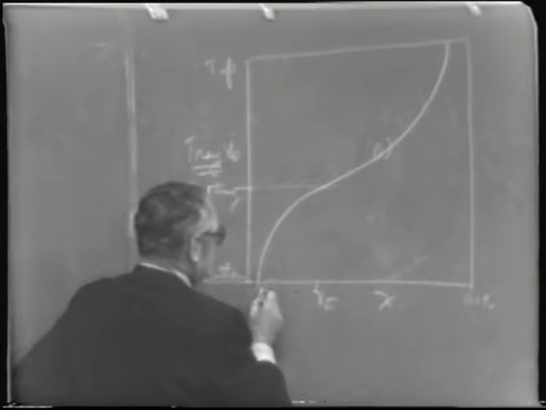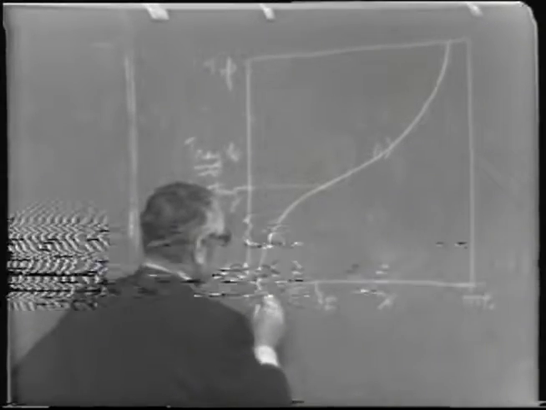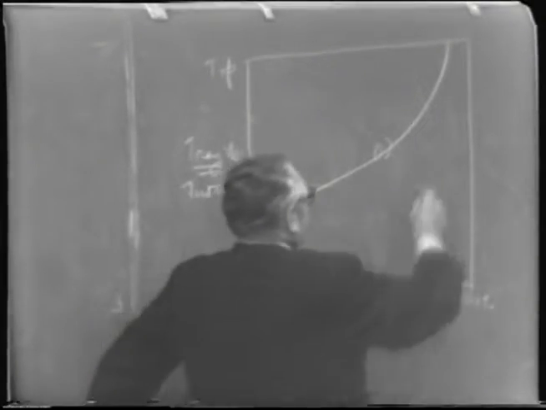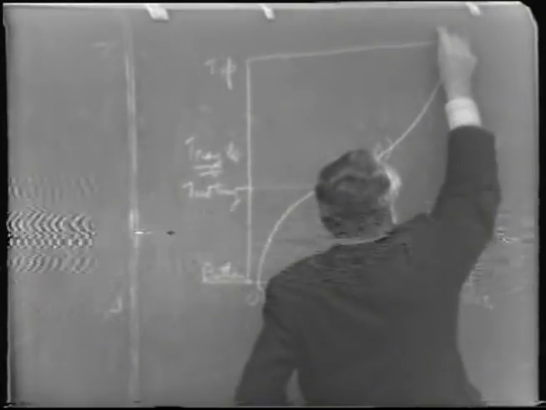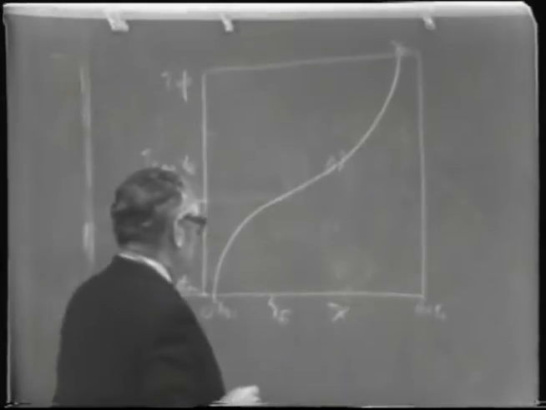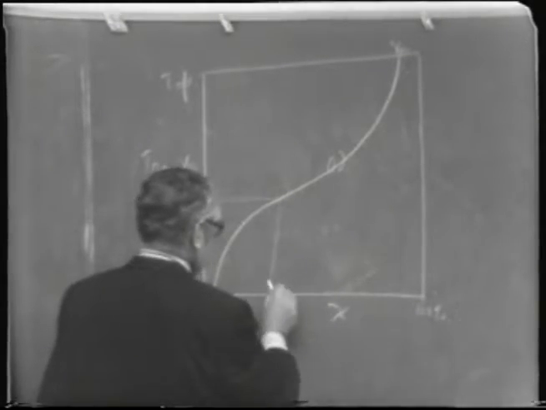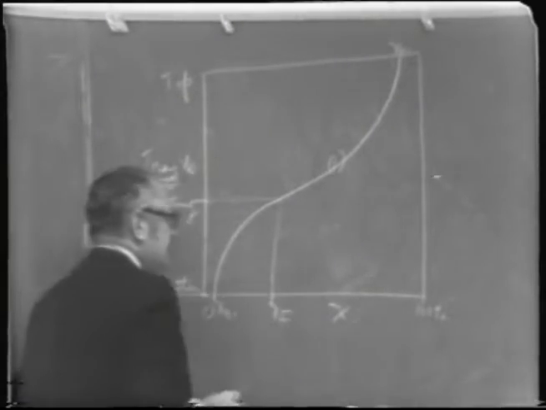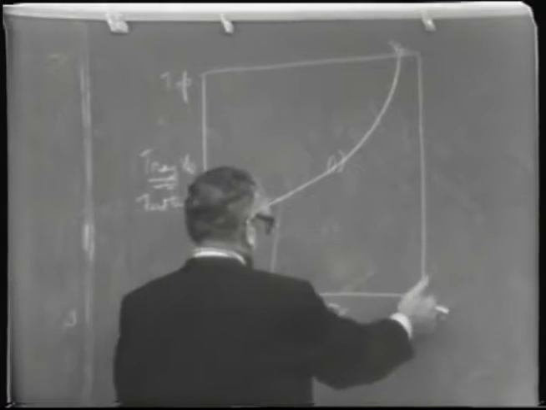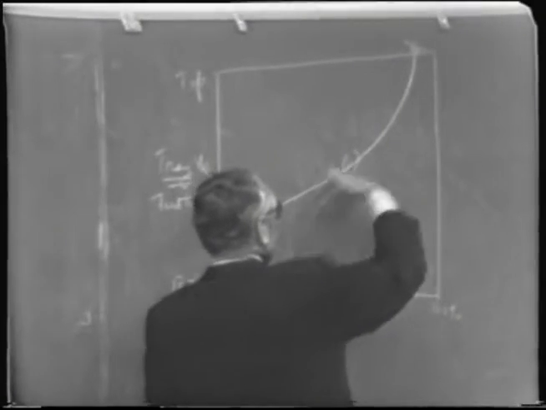So for this situation, this would be the composition of the bottoms, X of B1, and this would be the distillate, X of D1. So this represents more or less the ideal situation, in which we get the maximum separation for a given number of trays.